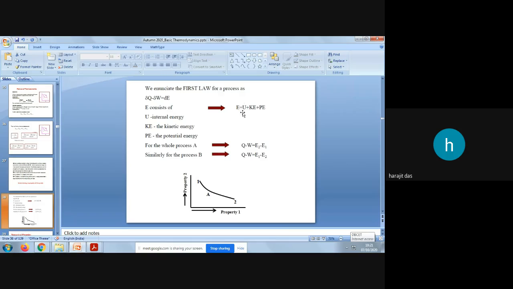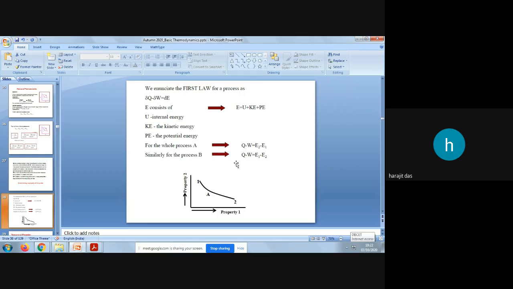The effect of internal energy is more. That is why sometimes instead of dE, we will be writing dU, the difference of the internal energies. So by this way, you will be able to write the first law for a process. Understood? Okay.